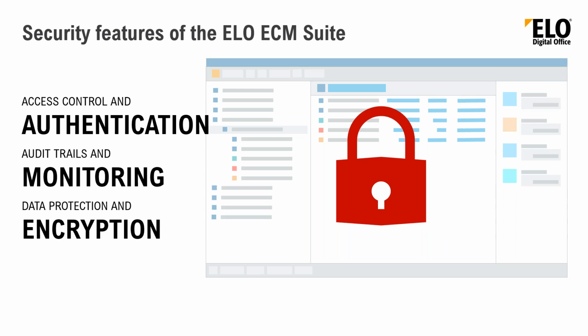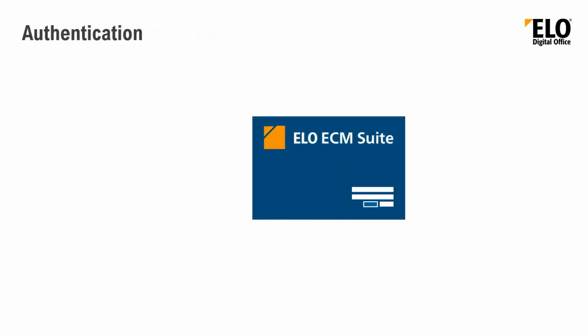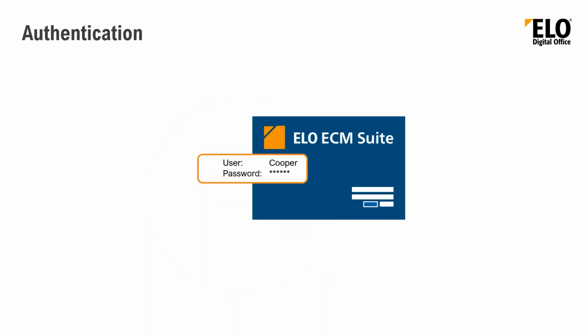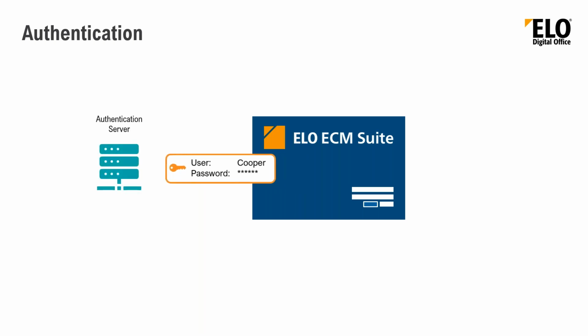So let's have a look on the authentication process of the ELO ECM suite. So when you want to access the ELO ECM suite, then you have to enter a username and a password, or when you have single sign-on activated, then you don't have to type in your username and your password, then it is typed in or then the current Windows user is used, but the process is the same. So after you have entered your credentials, with your username and your password and a key, a security key, which only you have, is sent to a so-called authentication server.